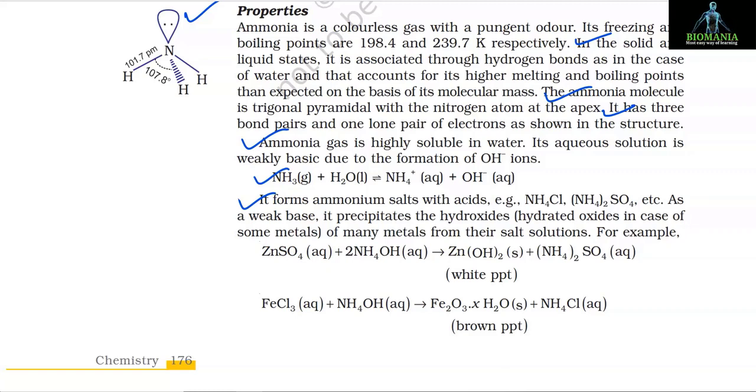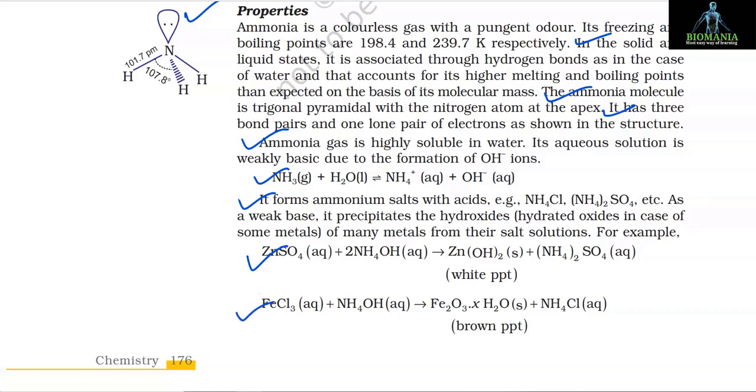As a weak base, it precipitates the hydroxides, that is hydrated oxides in case of some metals, of many metals from their salt solution. For example, ZnSO4 + 2NH4OH gives Zn(OH)2 + (NH4)2SO4, and here the Zn(OH)2 precipitate is white in color.